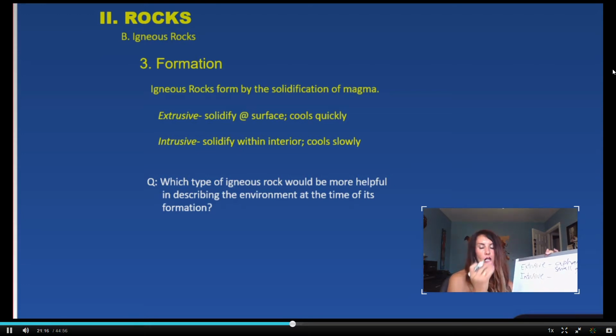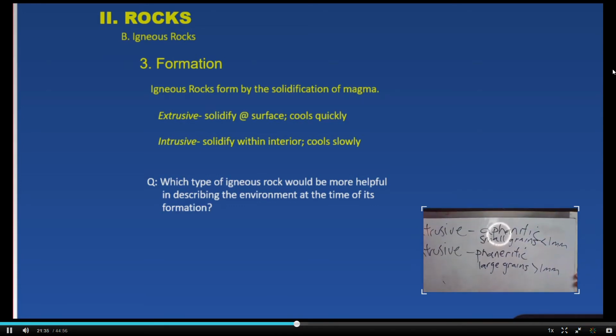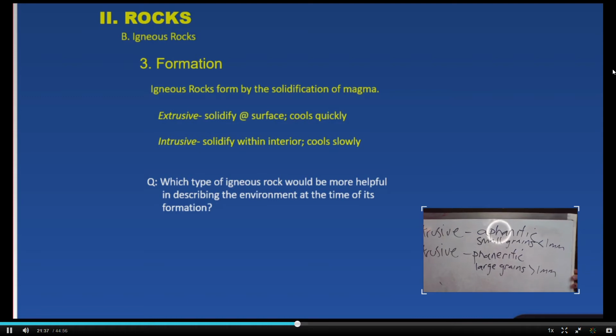And this will make more sense when we start to physically look at igneous rocks. Those that are intrusive have a texture that's called phaneritic texture, and that is large grains greater than 1 millimeter. And again, these terms are just used for igneous rocks.